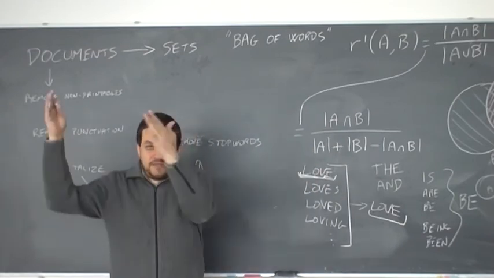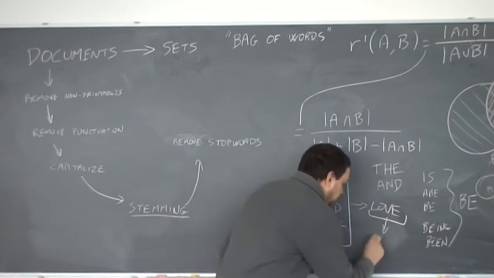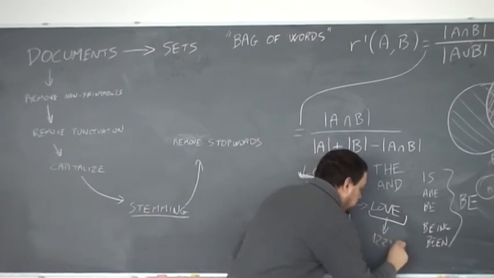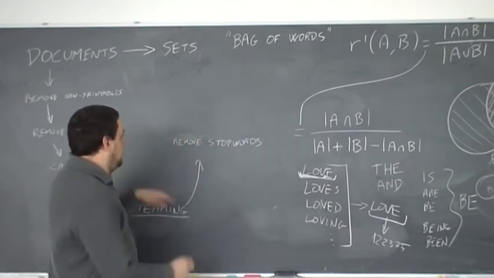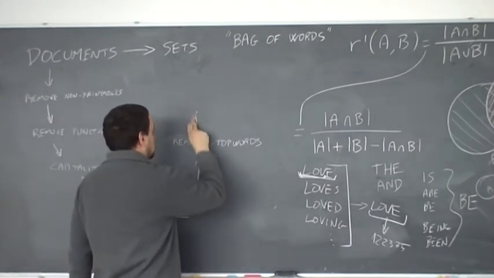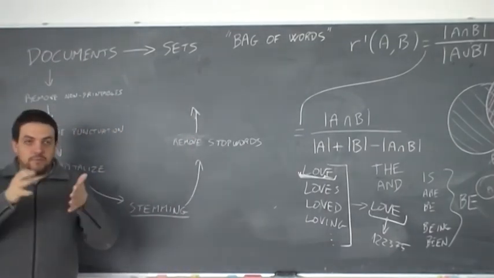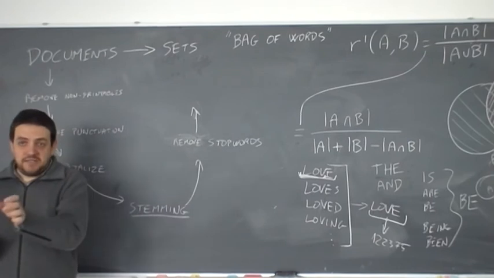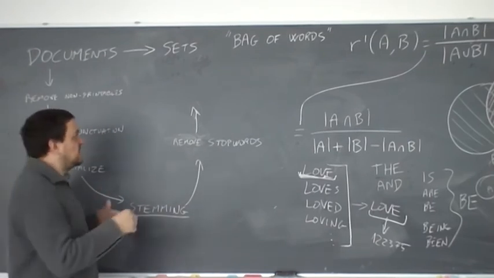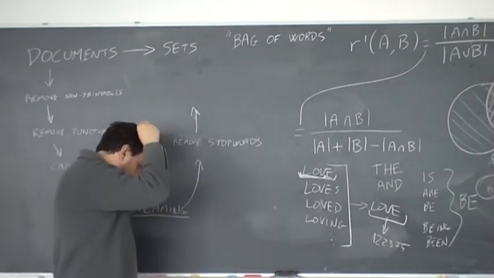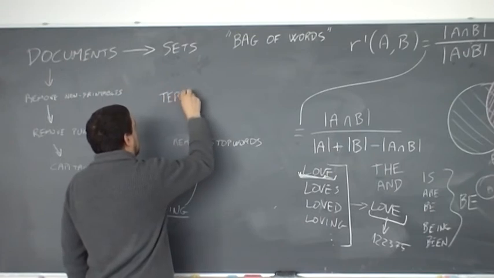You will build a database where love will receive a numeric ID, and the document will become probably a set of numeric IDs of the terms that compose the document. So let's call this particular step term indexing.